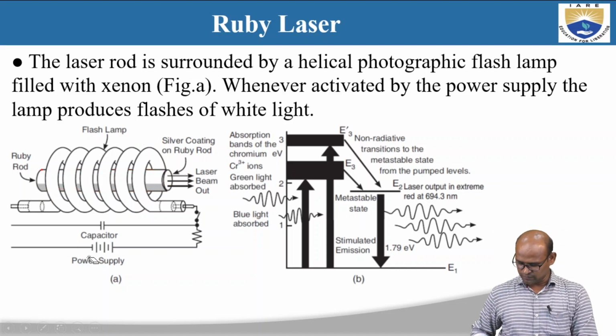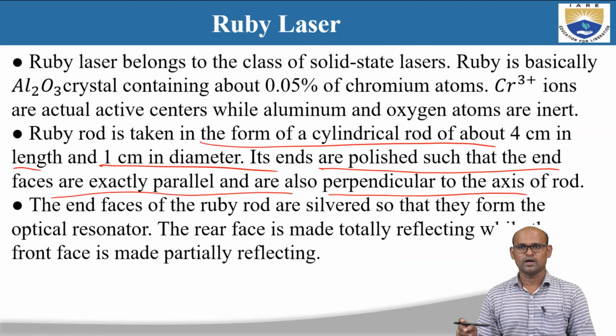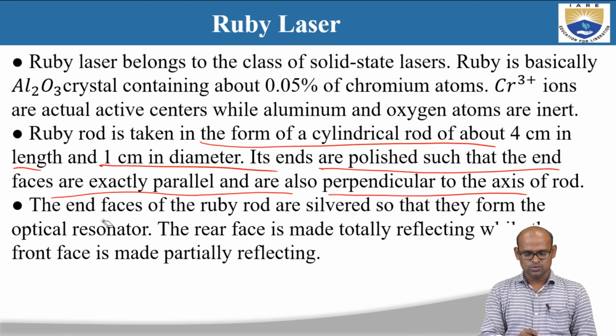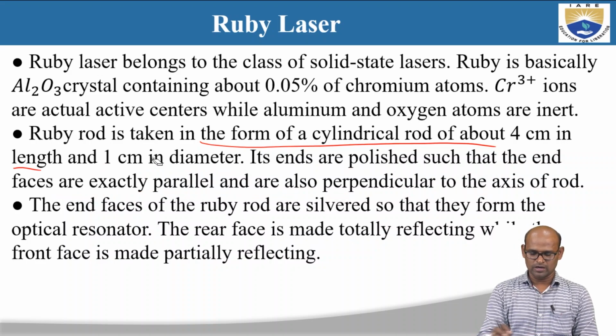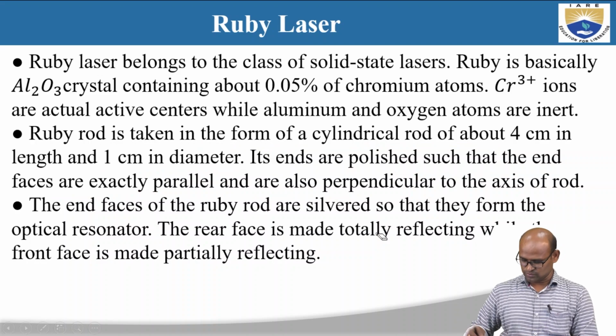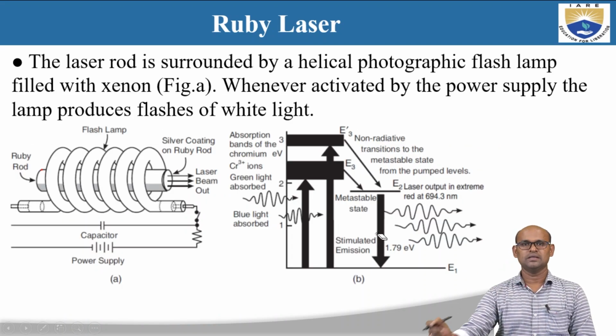We need an optical resonator to provide positive feedback. The end faces are silvered such that they form an optical resonator; the rear face is made totally reflecting while the front face is partially reflecting.